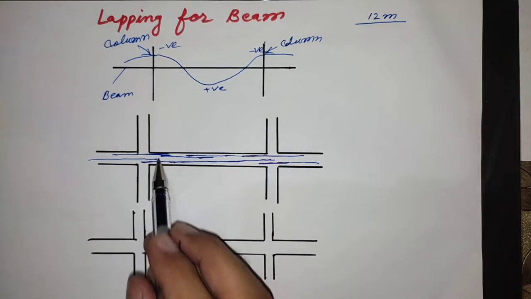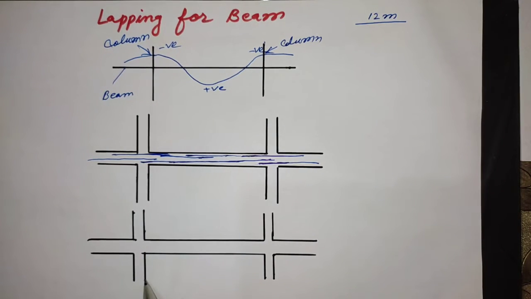So lapping zone, in this diagram we will discuss lapping zone. In bottom reinforcement of beam, L by 8 from this side, also L by 8.